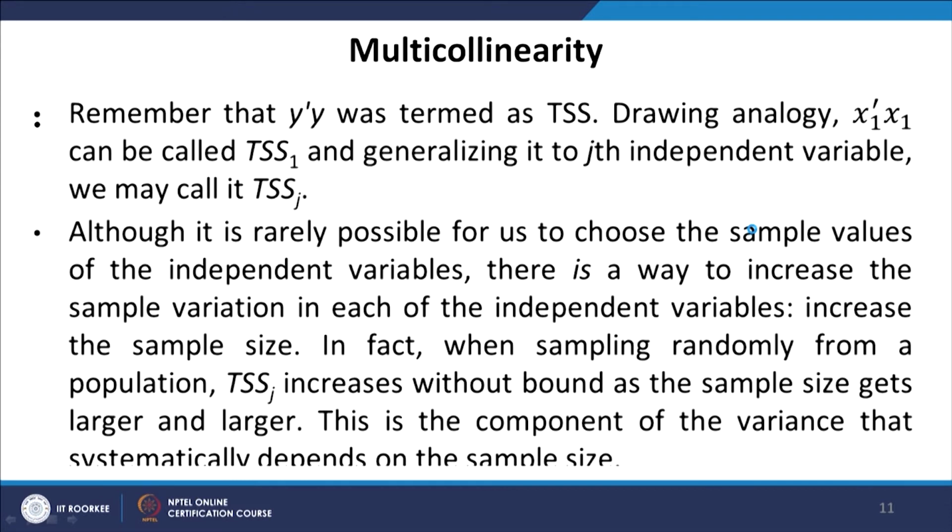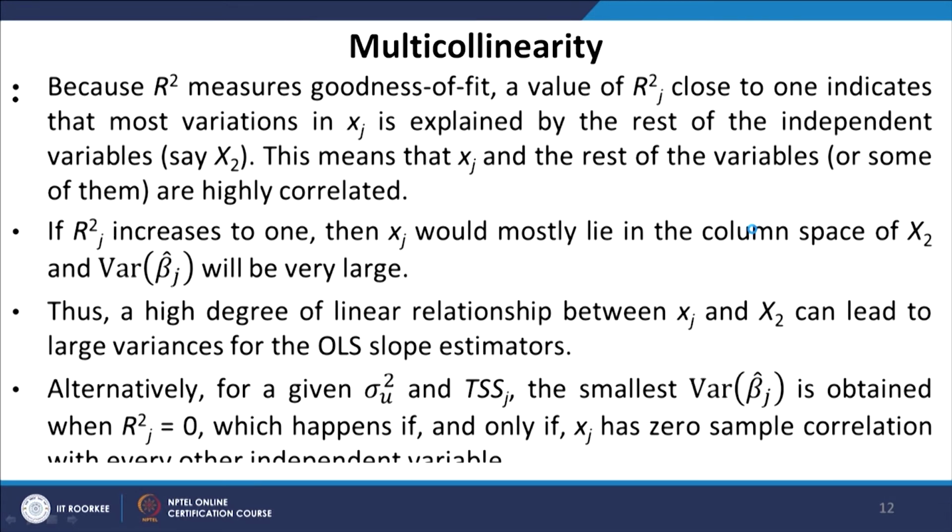This is the component of the variance that systematically depends on the sample size, and that is why this problem can always be managed by increasing the sample size. Because R square measures goodness of fit.